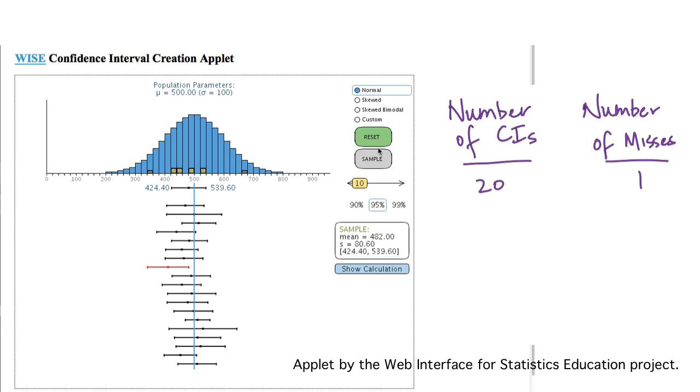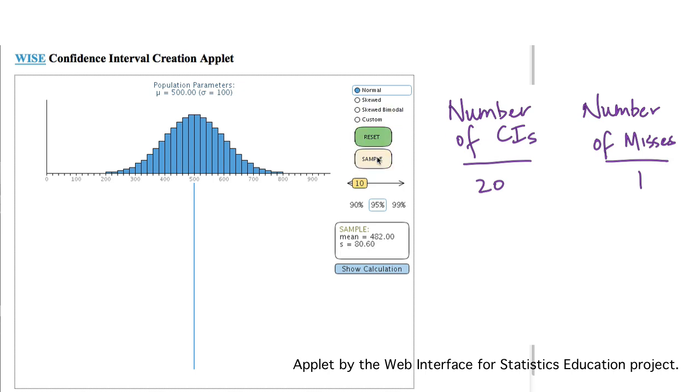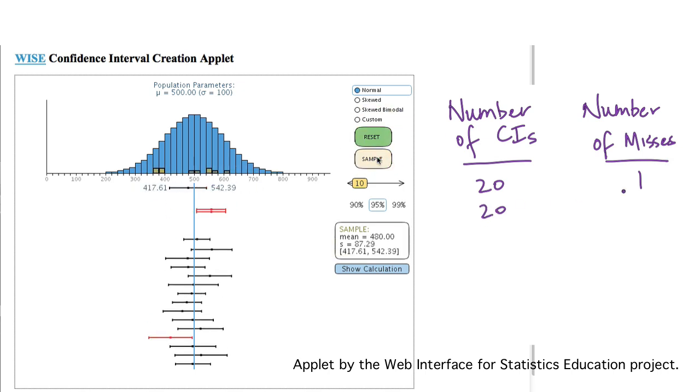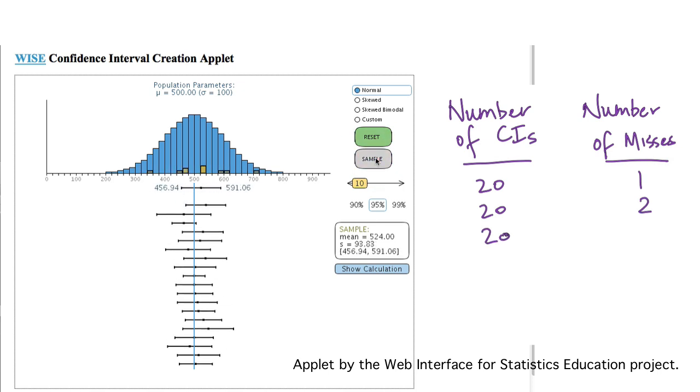You might think that was too good to be true. So let's simulate another 20 confidence intervals. This time, we missed the true mean twice. Let's do it again. In these 20 confidence intervals, we didn't ever miss the true mean. One more time, we missed it twice. And another 20 confidence intervals also didn't have any misses.